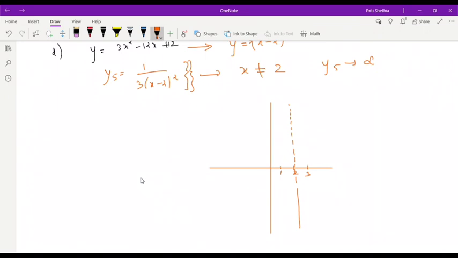Another thing is because it is square over here, y5 will never have any negative values. All the values of y5 will be greater than 0. So y5 will be greater than 0 and x will not be equal to 2. These two things I need to keep in mind before we plot a graph.